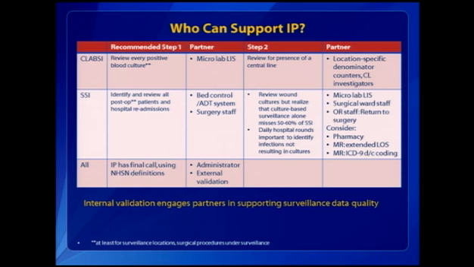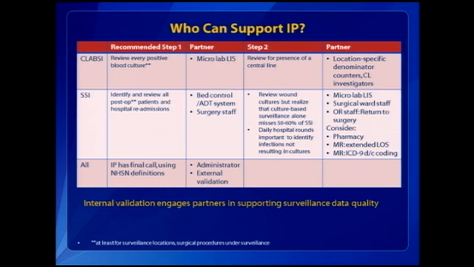So here is that same table again, looking at CLABSIs and a recommended step 1: make sure that we're reporting or reviewing every positive blood culture. Who is a natural partner for that? Well, it would be the microlab laboratory information system.